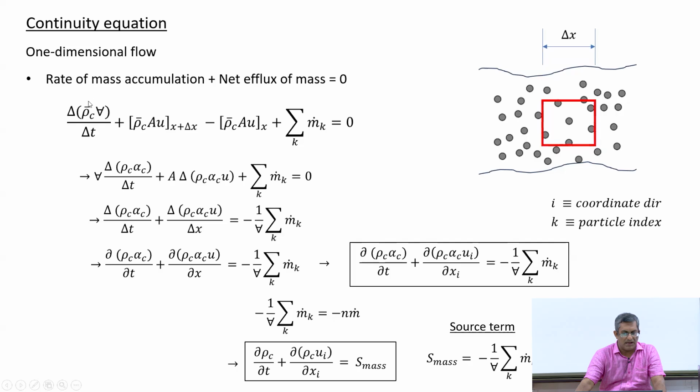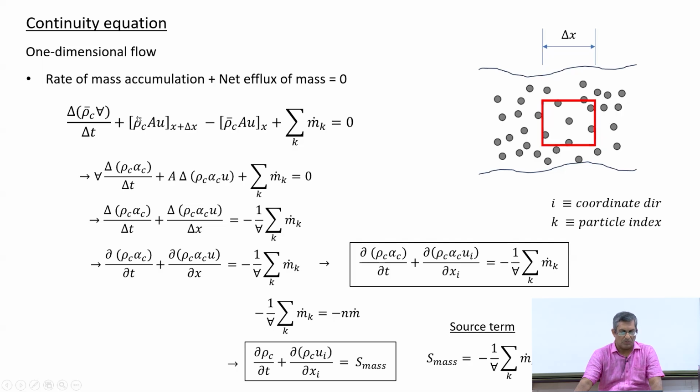So this is the rate of mass accumulation plus the net efflux of mass. But if we consider that some mass of fluid is entering in this direction and it is leaving here, then the difference would also contribute to rate of mass accumulation. So that's what we have here.